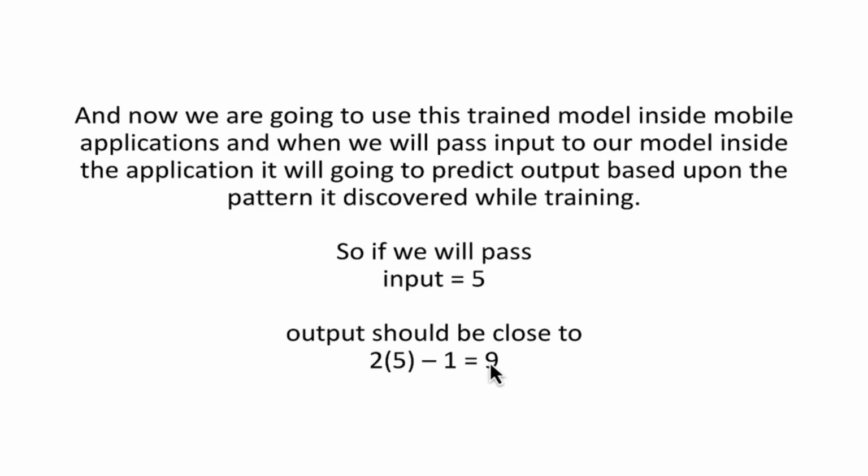So if our model is trained well, then we should be able to get correct outputs based upon the input values of users. So now inside this section, we are going to train this very simple linear regression model and build our iOS application. So let's begin.